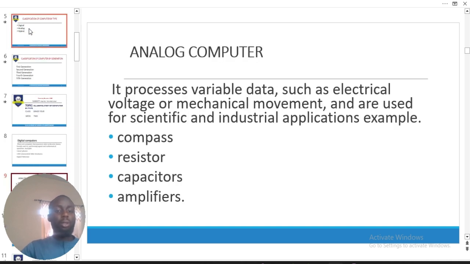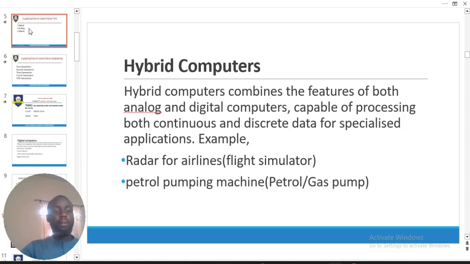The analog computer processes variable data such as electrical voltage or mechanical movement, and is used for scientific and industrial applications. For example, we have the compass, the resistor, the capacitor, and the amplifier. Then the third one is the hybrid computer.